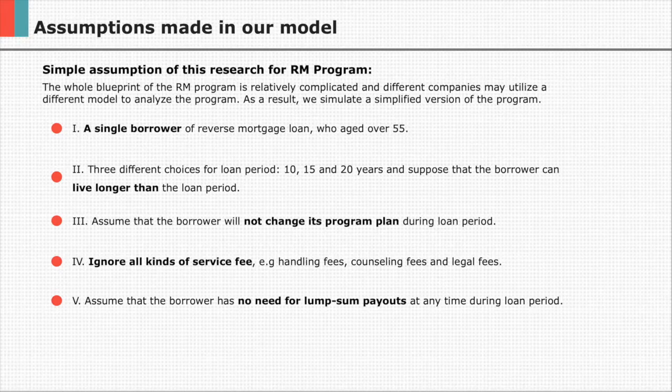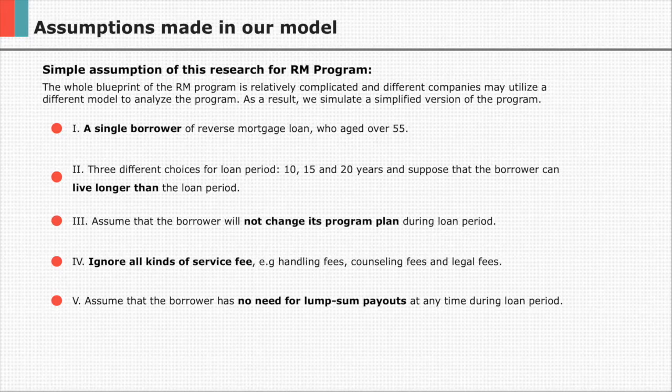There are 5 assumptions in total. The first one, we assume that there is a single borrower of the reverse mortgage loan, whose age is over 55. The second one is that 3 different choices for the loan period, 10 years, 15 years, and 20 years, are provided, and suppose the borrower can live longer than the loan period.